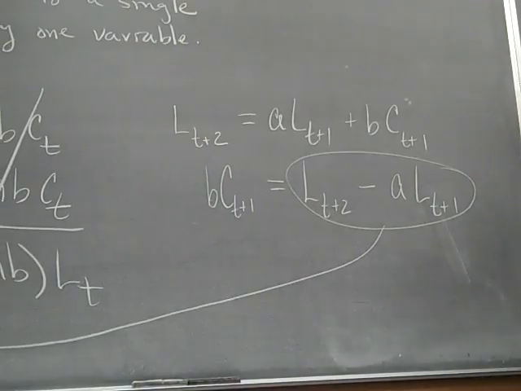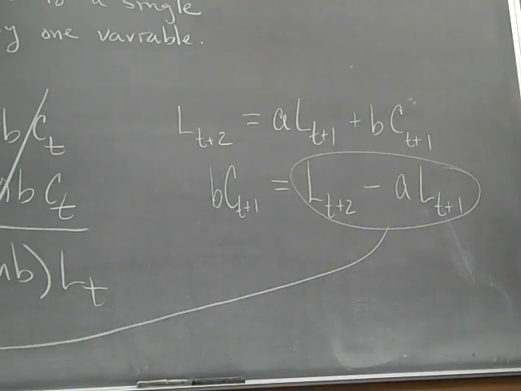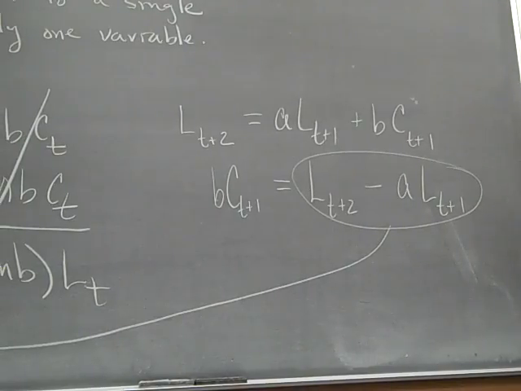And I end up with n times L sub t plus 1 minus all of this stuff, L sub t plus 2 minus a L sub t plus 1, and that's equal to na plus nb times L sub t. All right? Clever. Very clever.